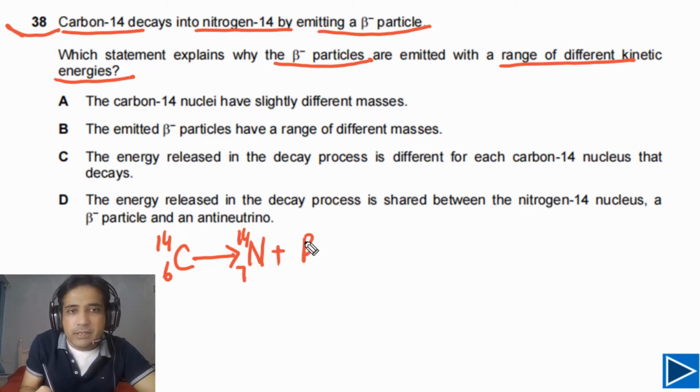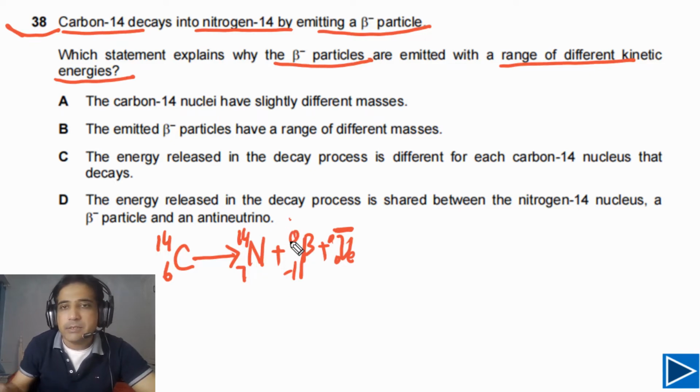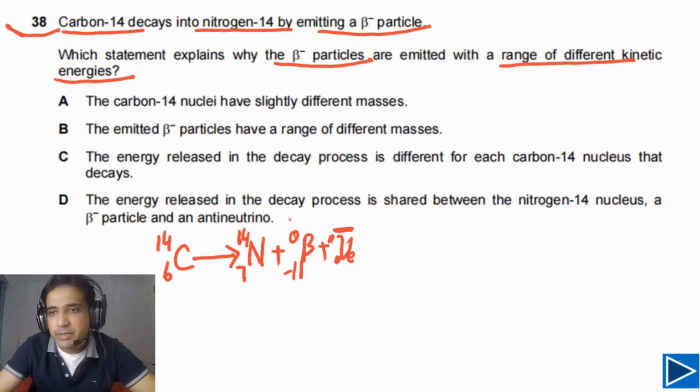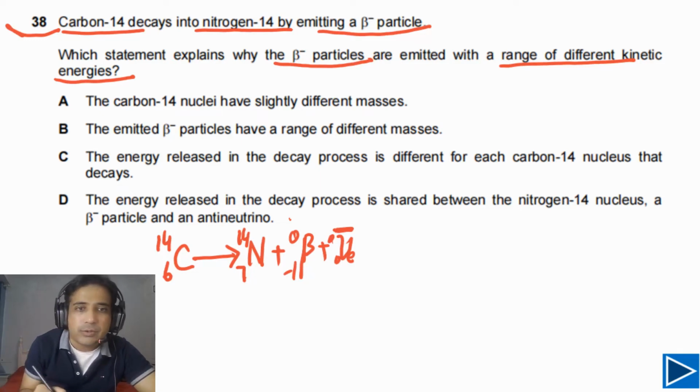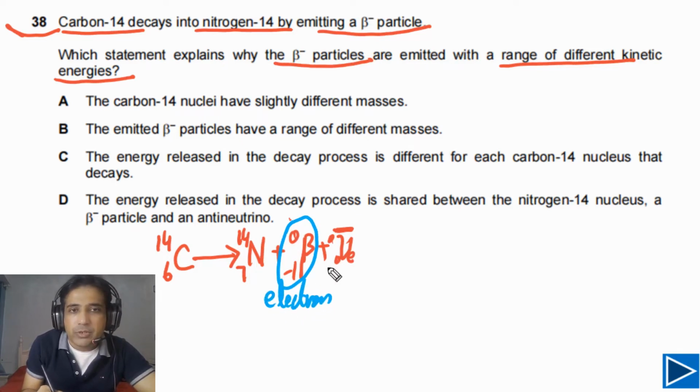And in this case, a beta minus particle is emitted, and also there will be an electron anti-neutrino, because this beta minus particle is an electron, so this has to be an anti-neutrino. This one is the electron and this is the electron anti-neutrino.